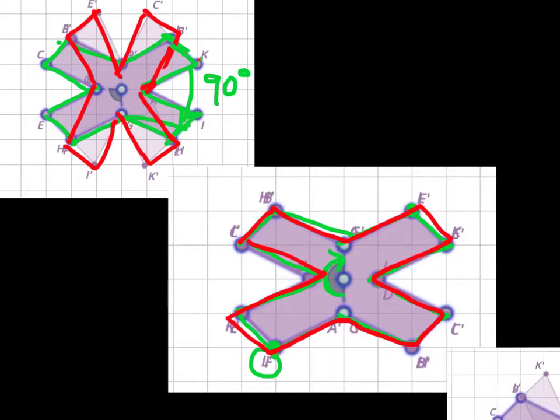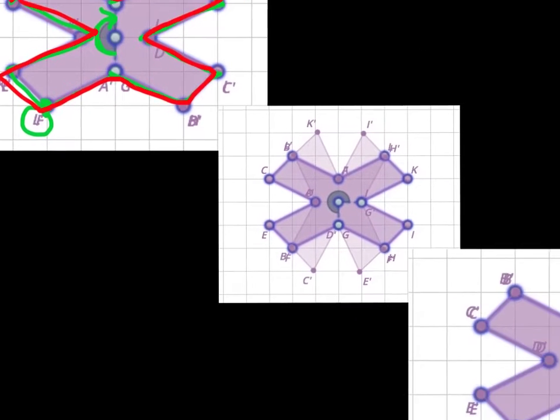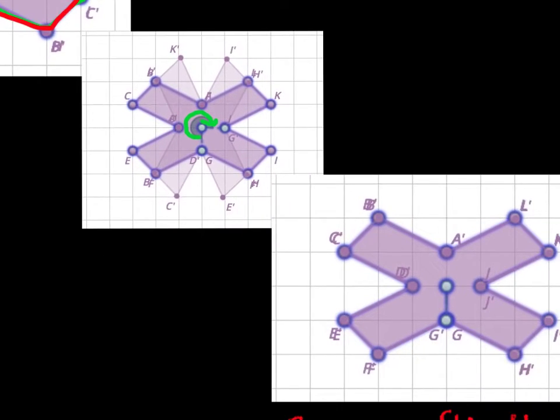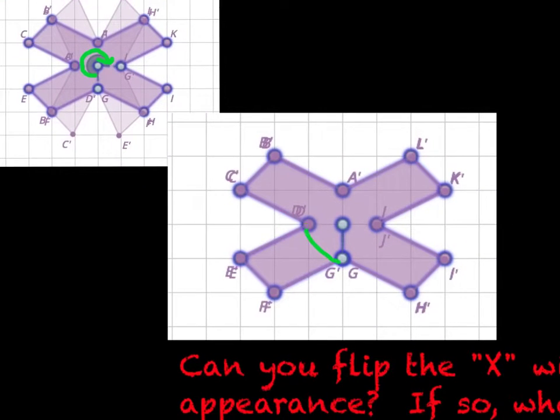How many more rotations are needed to make it fit on top of it again? Here's another 90 degrees, so we're now at a 270 degree rotation, but it's not quite enough. We need it to be even more, a full 360 degrees around to make it work.